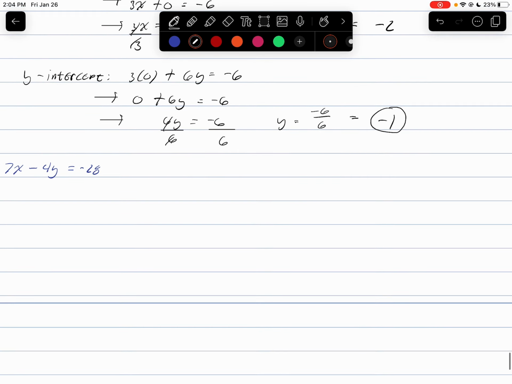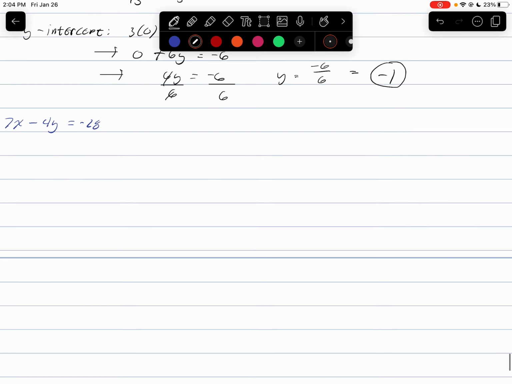All right, let's look at 7x minus 4y equals negative 28. For our x-intercept, we're going to set y equal to 0. So we'll have 7x minus 4 times 0 equals negative 28. Since 4 times 0 is just 0, this is the same thing as 7x is equal to negative 28.